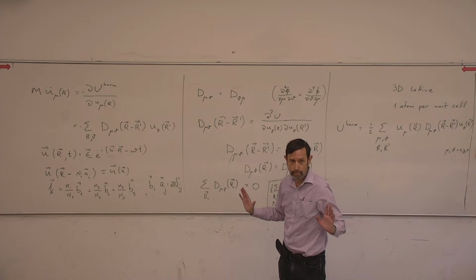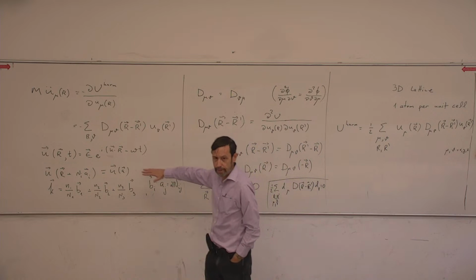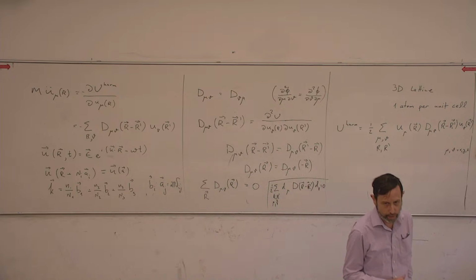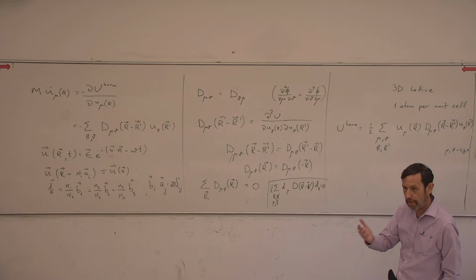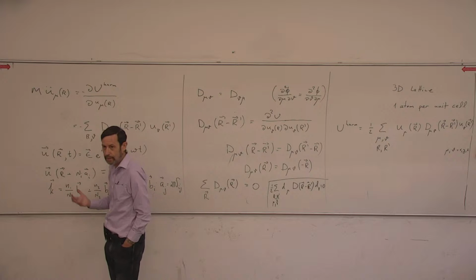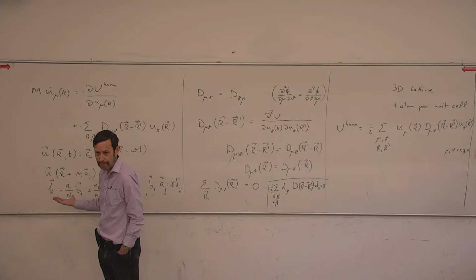No. Simple cubic, yes, but in any other complicated lattice that we have seen, BCC, FCC, etc., they are not necessarily orthogonal.